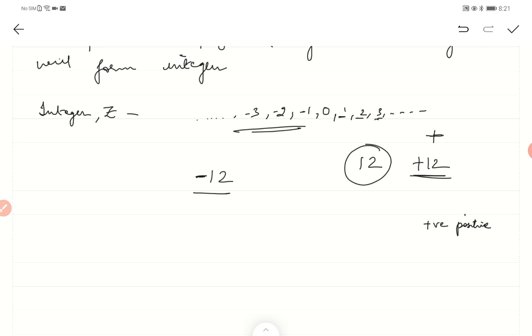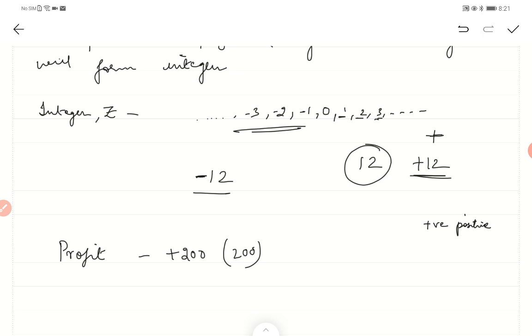All right, let's see one example again. Suppose you have a profit of rupees 200. How do you represent a profit of rupees 200? Yes, you will represent it as plus 200, isn't it? Or if you just write 200, that means it is plus 200.